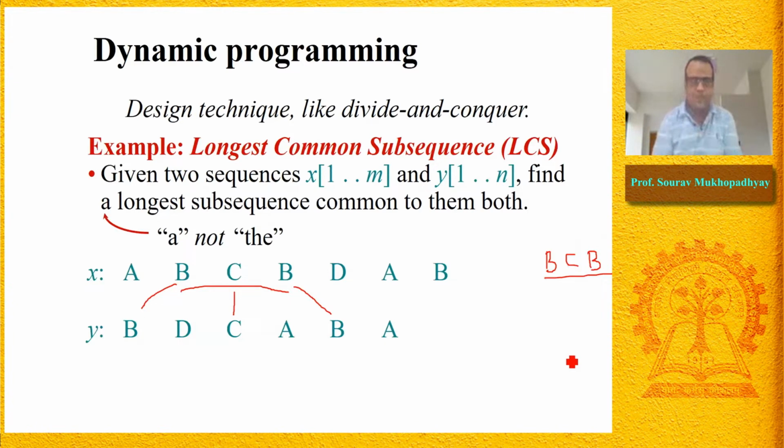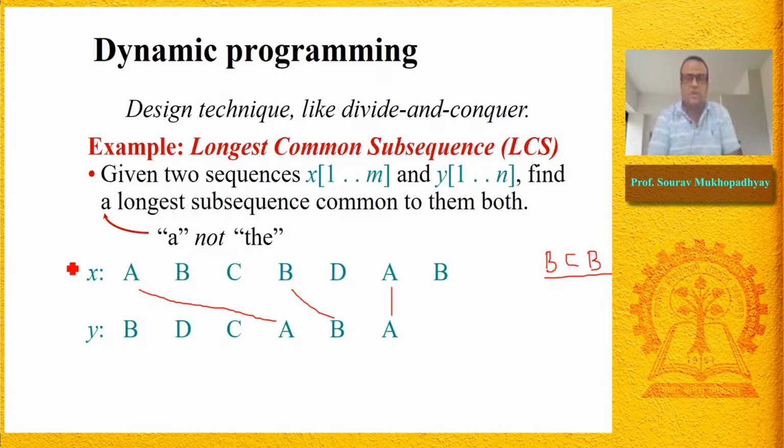We can have other common subsequences of length 3 also, like ABA. So A is here, A, B, A. So ABA is a common subsequence of both x and y, and that is of length 3.